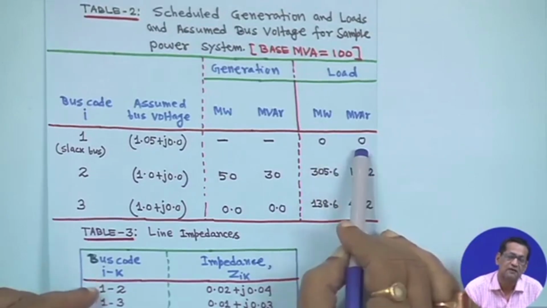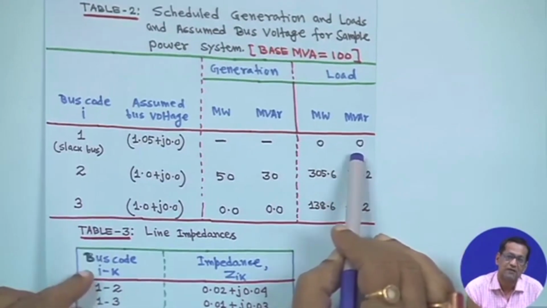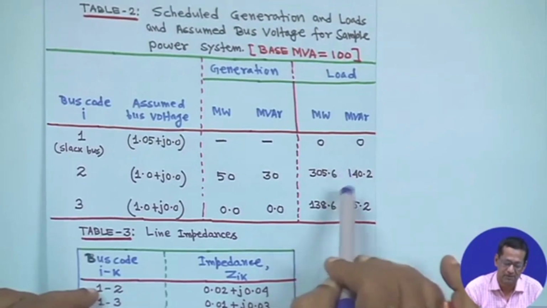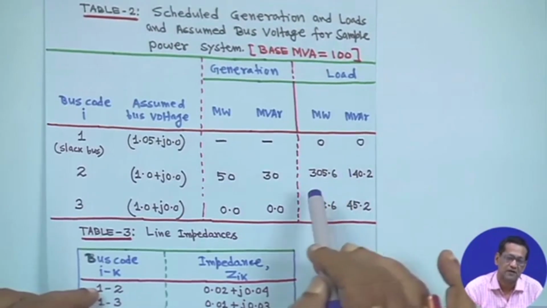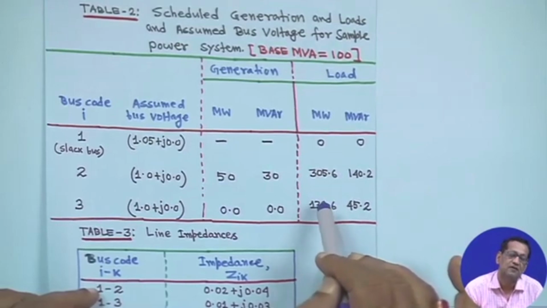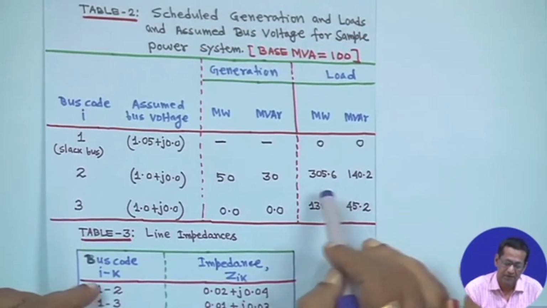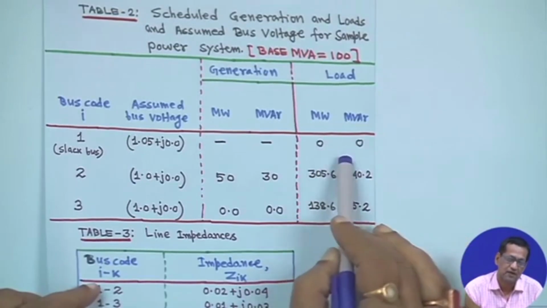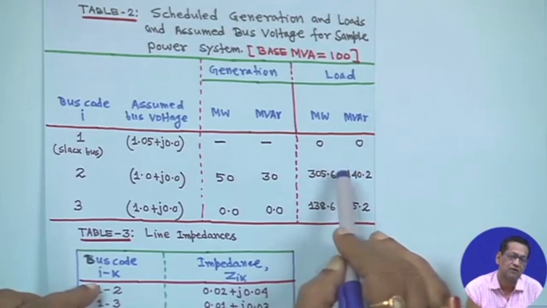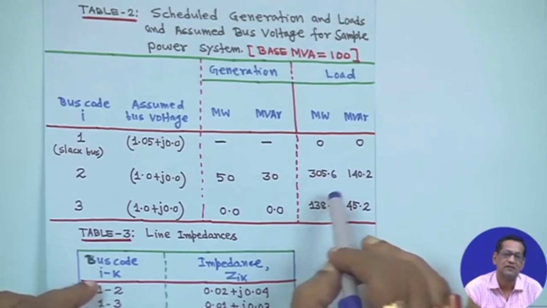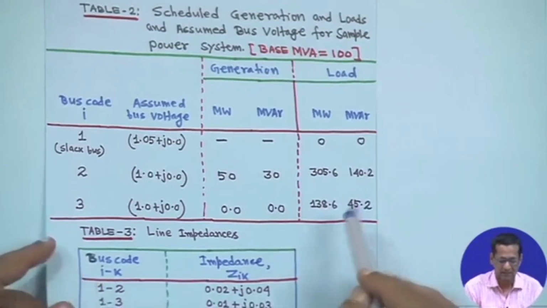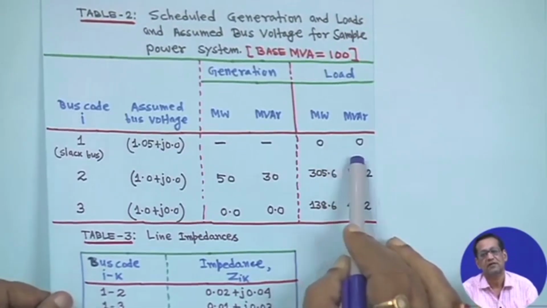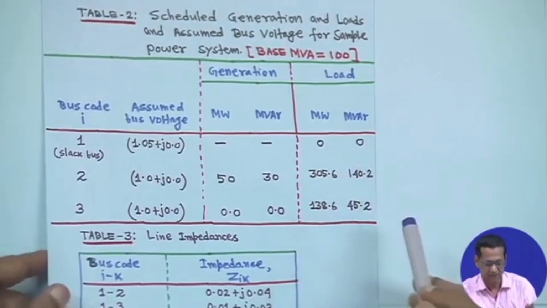If a load is there at the slack bus, you do not consider it, it will never come into your iterative process, but when you get the slack bus power, that is PG1 and QG1, real and reactive power, whatever you get, and if any load is there at the slack bus, then that load also you have to add to the PG1 you got. Later I will tell you this. Otherwise, whatever is given acts as dummy parameters for your iterative process.